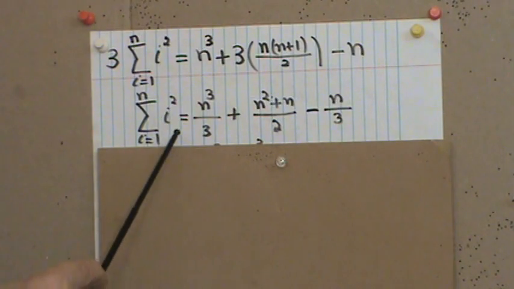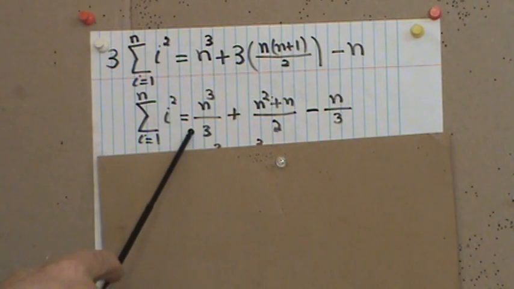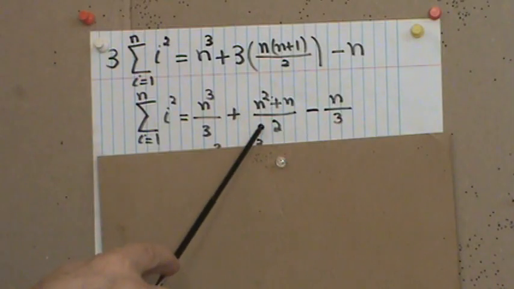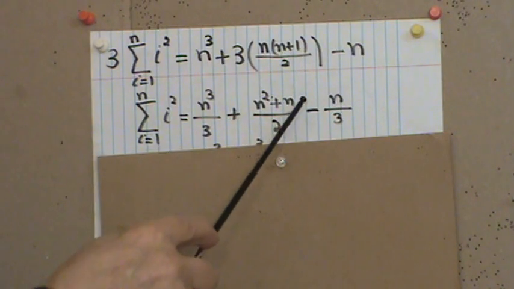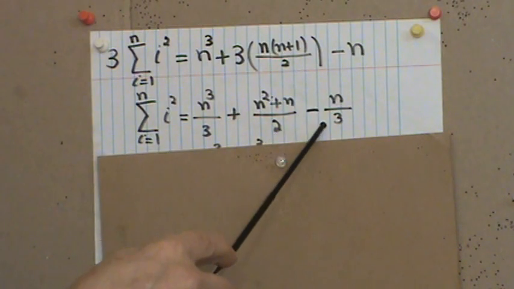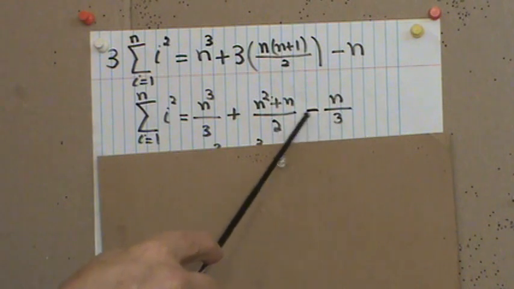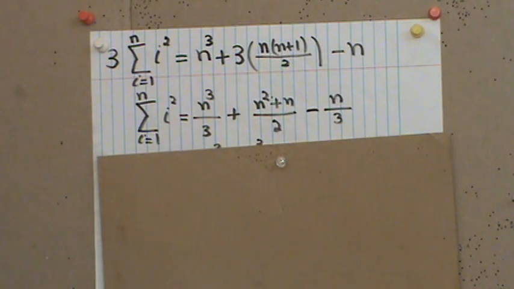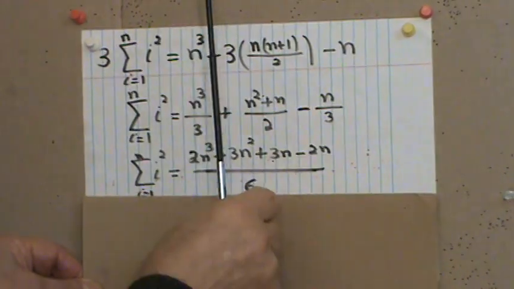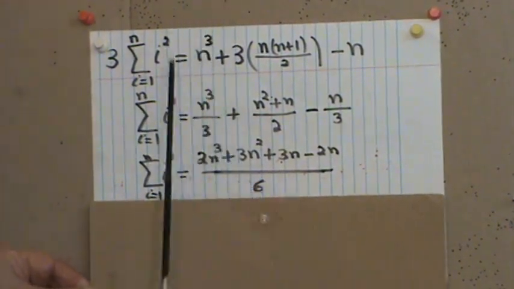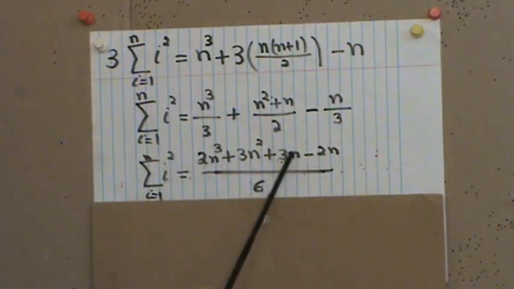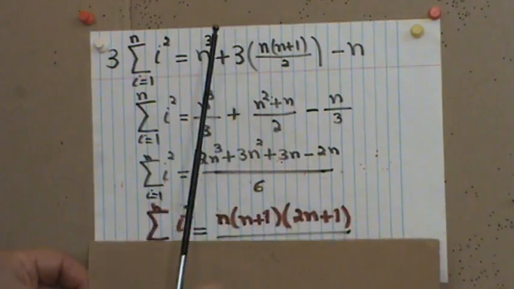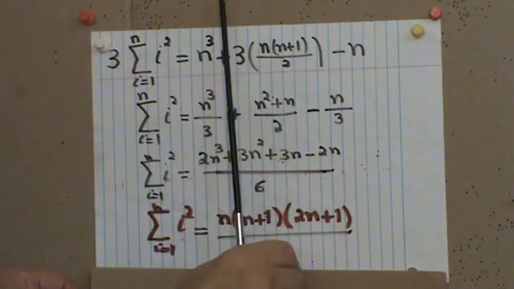So we multiply numerator and denominator of this one by 2, multiply the denominator of this one by 3, multiply the numerator and denominator of this one by 2, and the denominator becomes 6, and we end up with this algebraic expression. And when we simplify and we factor, we end up with this formula.